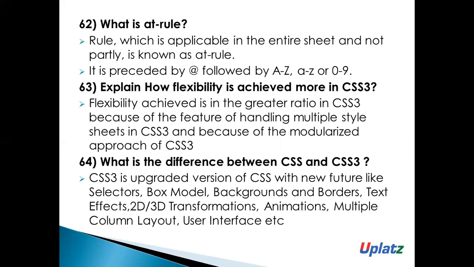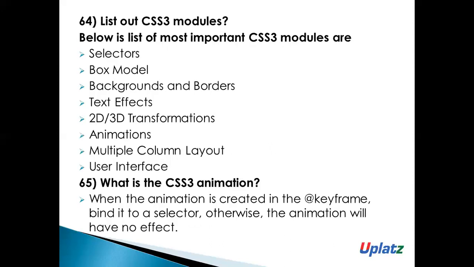Explain how flexibility is achieved more in CSS3. It is achieved greater because CSS3 handles multiple style sheets through a modularized approach. What is the difference between CSS and CSS3? It is the most important question. CSS3 is an upgraded version of CSS that we know, but what is upgraded? That is the main thing. Selectors, box model, borders, text effects, animation are upgraded in CSS3.